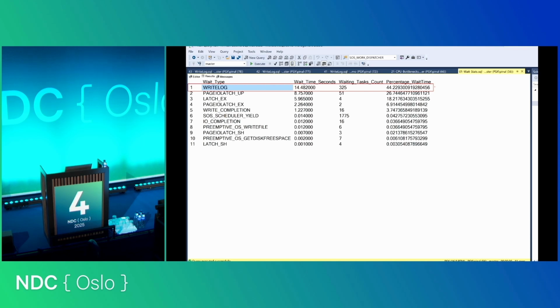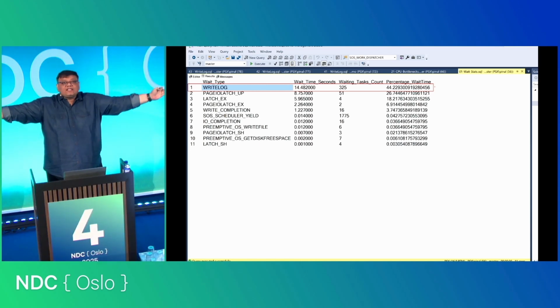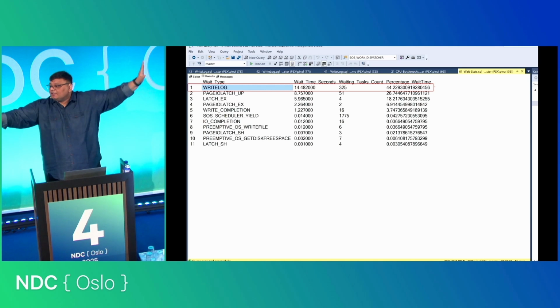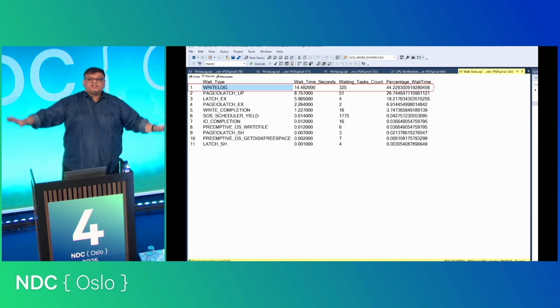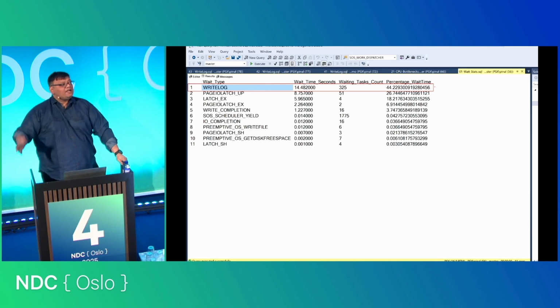This is the reason my queries are slow. And do you know how much delay this write log has introduced? 14 seconds. Out of 30 seconds, for 14 seconds my query has not done anything. It was just sitting there, sleeping. And after that, it decided to run.